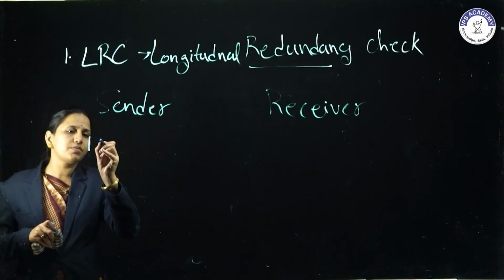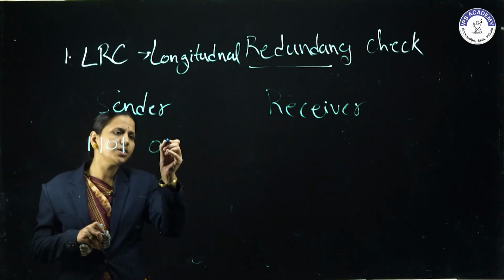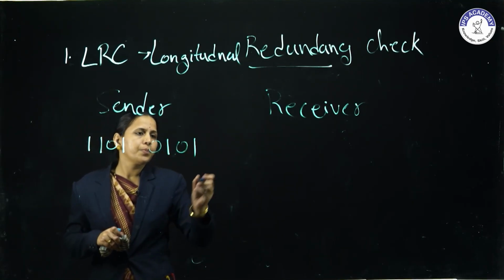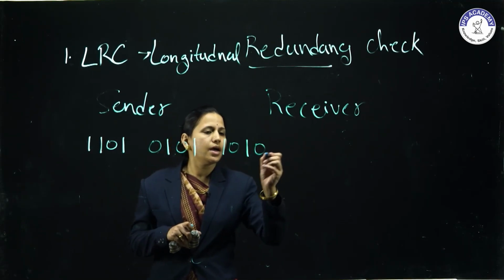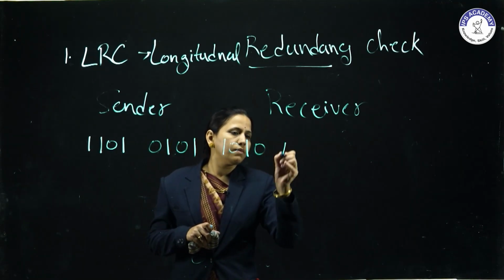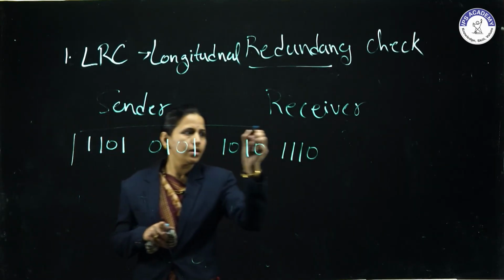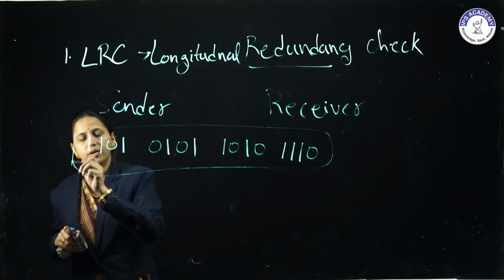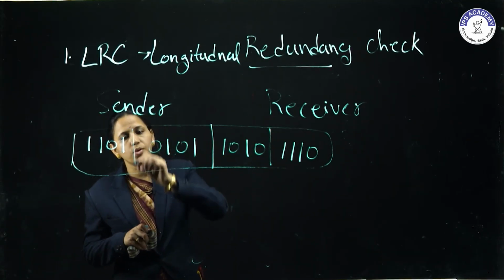Suppose there are 4 word units: 1 1 0 1, 0 1 0 1, 1 0 1 0 and 1 1 1 0, which the sender wants to send.